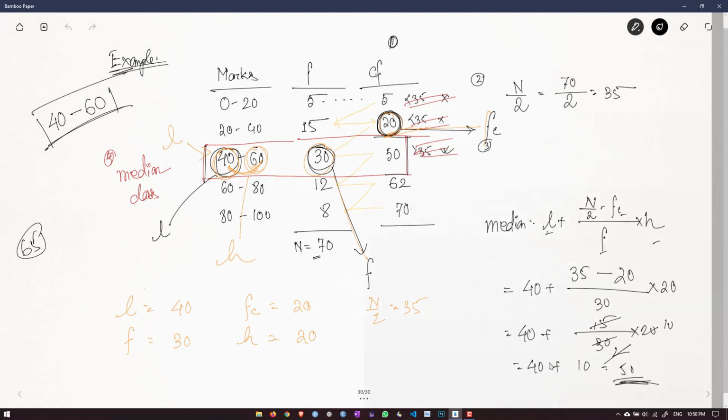Let us take another example which will clear doubts if you have any in the calculation of median, right? So here we have an example where we have 0 to 10, 10 to 20, 20 to 30, 30 to 40, and 40 to 50.